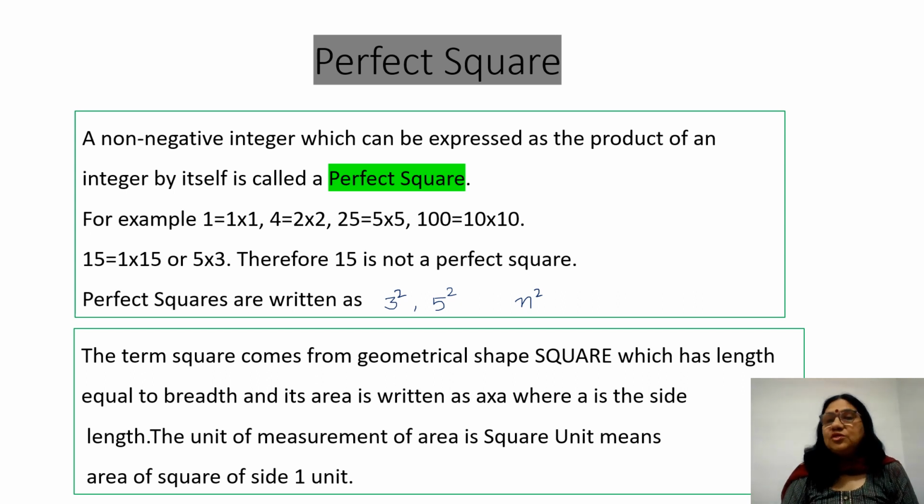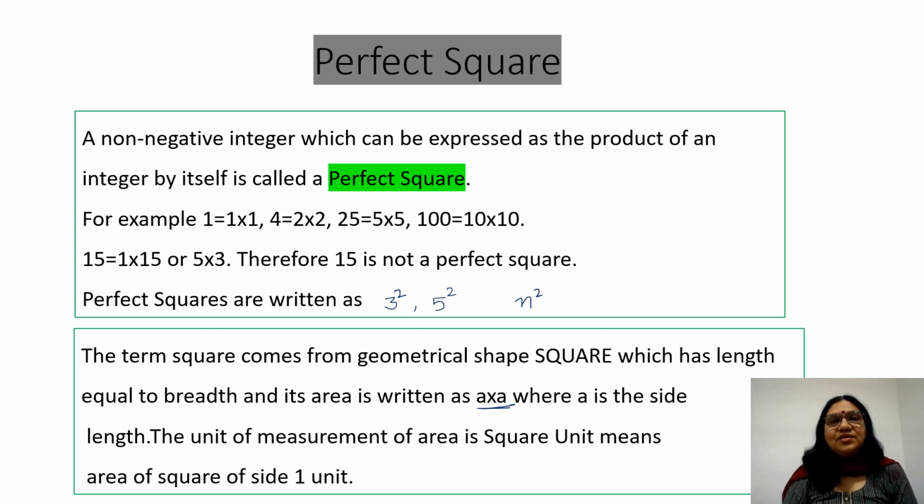This term square comes from the geometrical shape. A square is always known as a polygon or a quadrilateral whose four sides are equal and diagonals are also equal. So it has length equal to breadth, and its area is written as A times A, where A is side length. And the unit of measurement of area is square units.